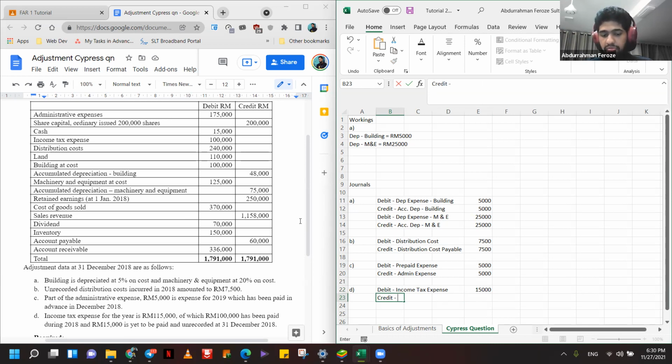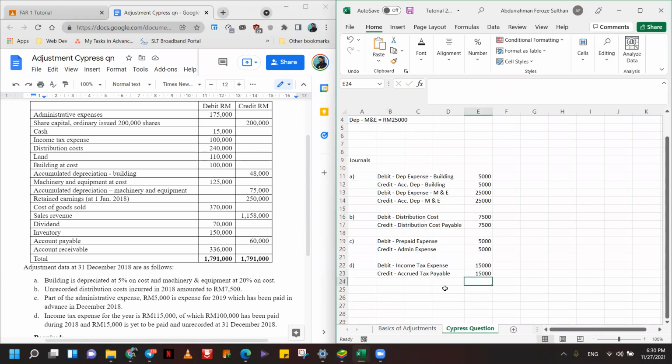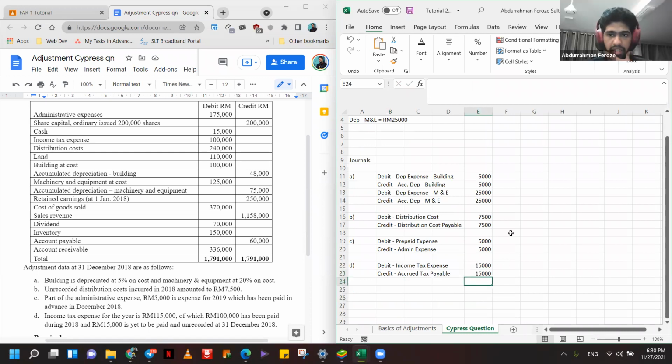Basically, you can title it what you want. You can type income tax payable, or accrued tax expense, or accrued tax payable. Let's put accrued tax payable to not get confused. 15,000. Is that clear?